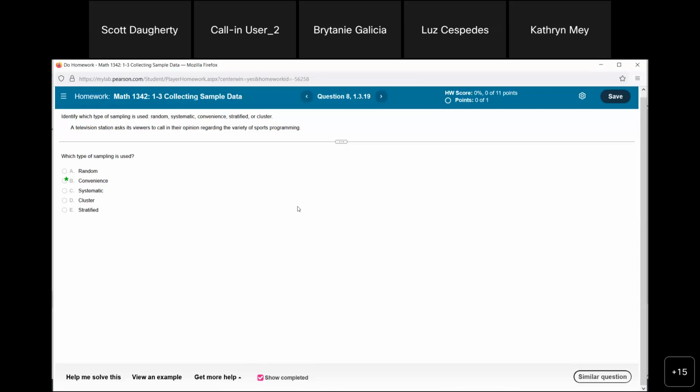It is not a random sample, though. This goes back to the very first thing we talked about. This is actually voluntary response sampling. I get to decide whether to call in or not, and that is not a random sample. You might think it is, but it's not, because if I get to decide whether I'm part of your sample, then it's not random.